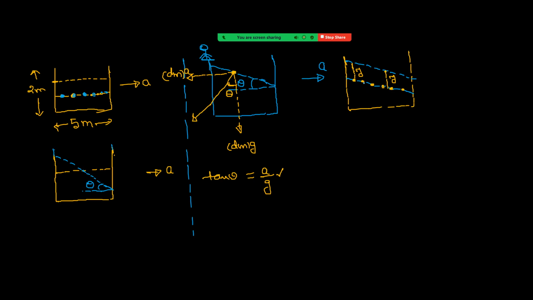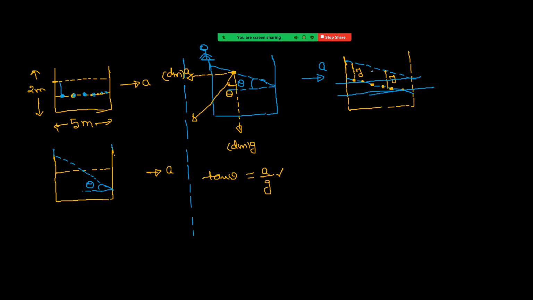This is at this level, this is at this level, this is at this level. So same level is different from same depth. Here, same depth, same level: all are at the same level. Coming to here, all are at the same depth, but not at the same level. The level is changing, but the depth is the same. So that we have to keep in mind.